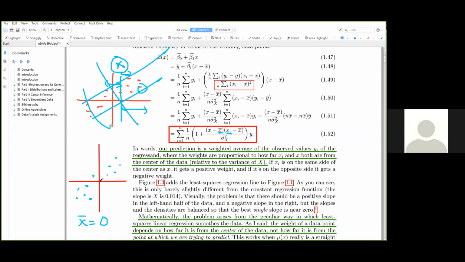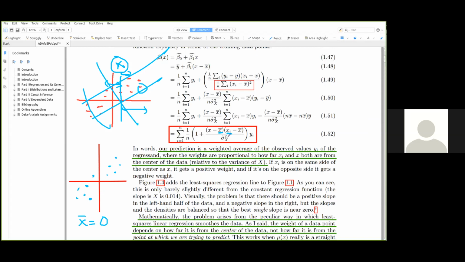That means the mean is at the origin. The mean of the x-axis, xi, is 0. Did you understand that? Yep, it's much better.